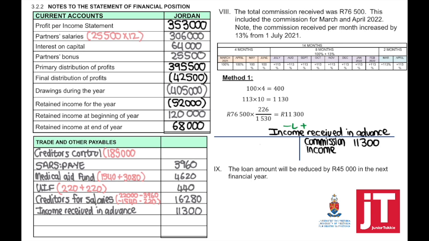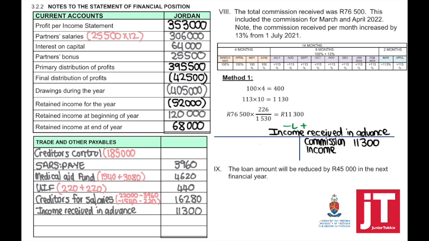Whatever is paid in the next accounting period means it needs to be taken out of your non-current and shown as part of your current. Now in this case with the loan, it can either appear on the face of the balance sheet or in trade and other payables. They have not asked us to complete the equity and liability section of the statement of financial position.